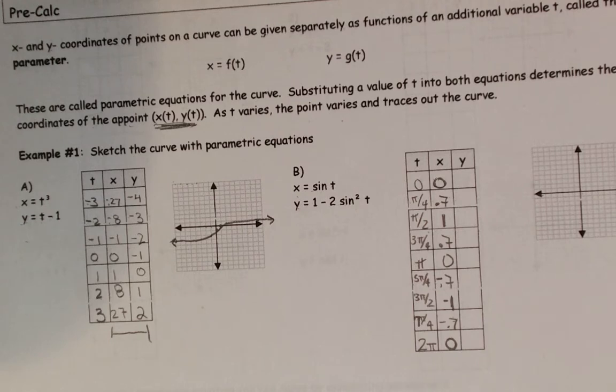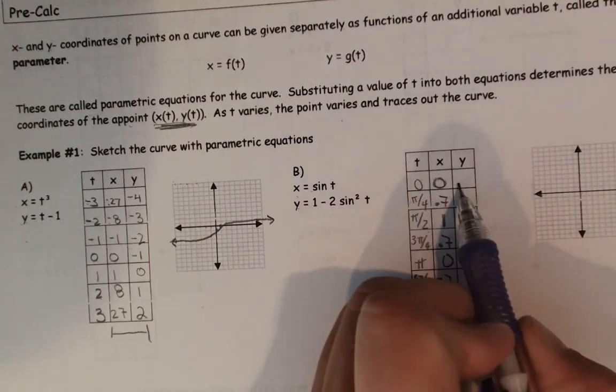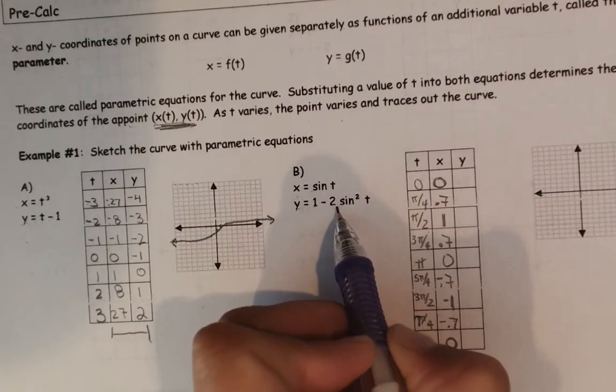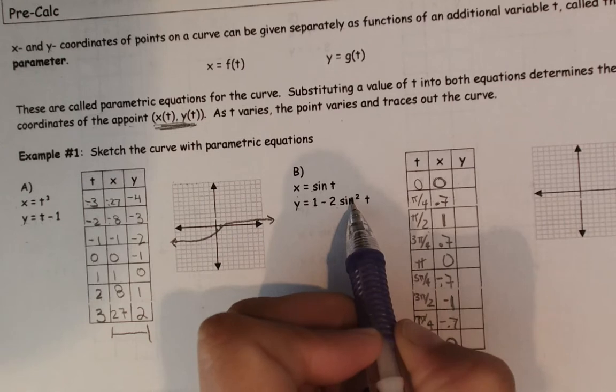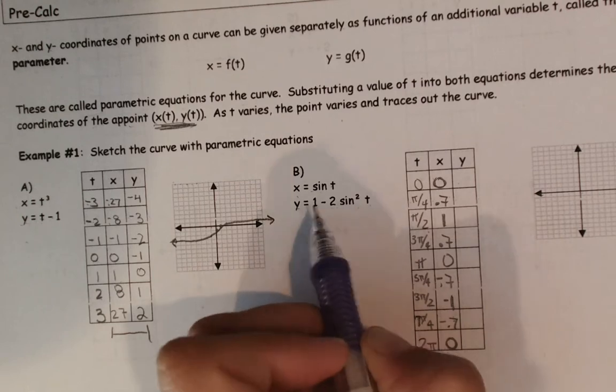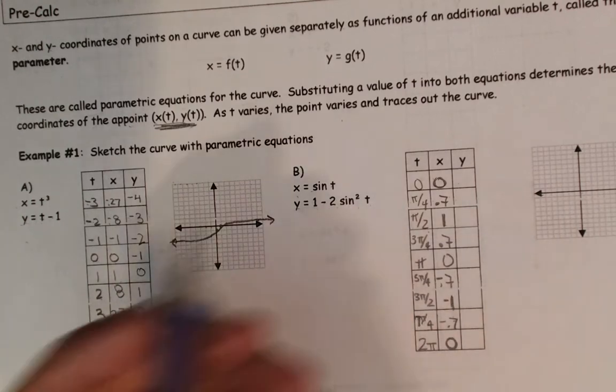Our y of t is going to be 1 minus 2 sine squared t. So let's take a look at that. Okay, so here we're going to be looking at 1 minus 2 sine squared of 0. So that's going to be 2 times 0. So 1 minus 0 is 1.